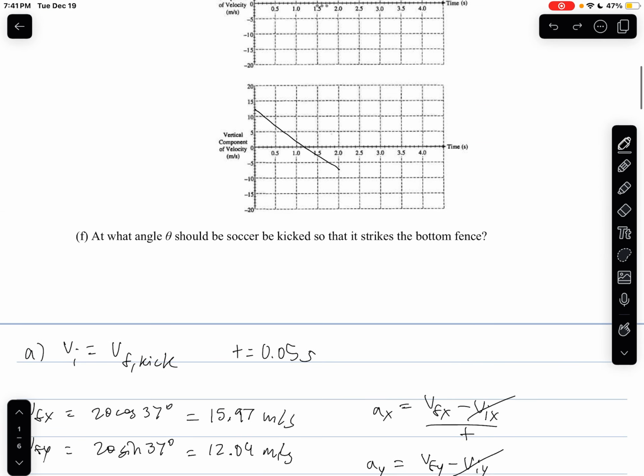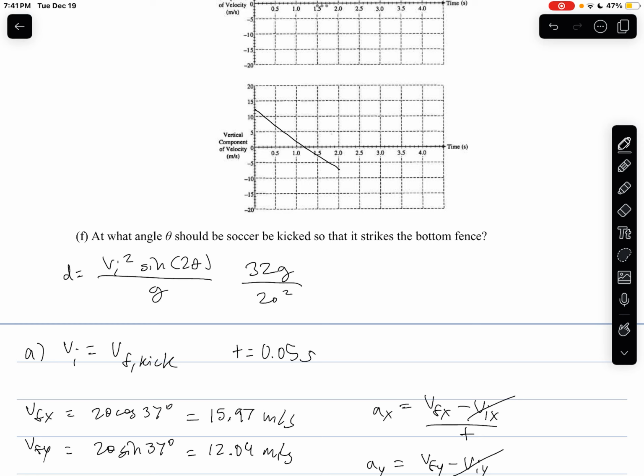Okay, so for part F, I know I can use the range formula, which is d equals vi squared sine 2 theta over g. And now I can plug in the d, which is 32, times g, moving g by multiplying to both sides, and then vi squared, which is 20 squared, equal to sine 2 theta.